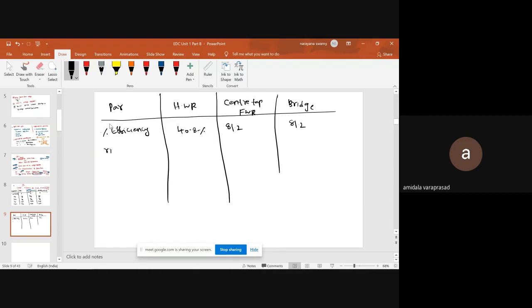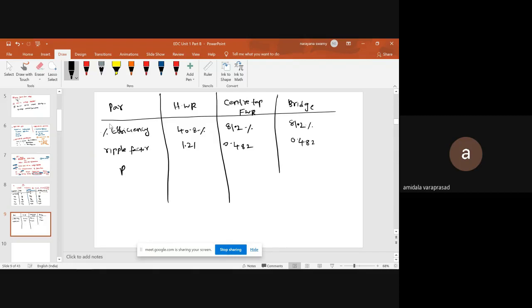Now ripple factor: 1.21 for half wave, and 0.48 for both the full wave circuits. Up to now, center tap transformer and bridge are all the same.